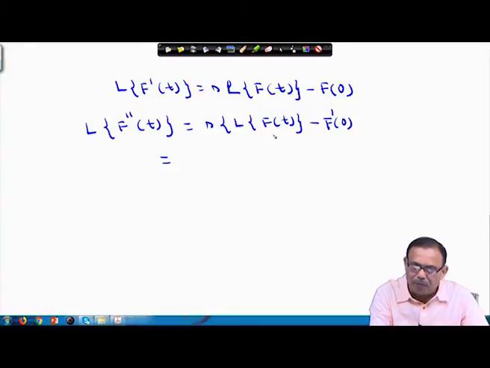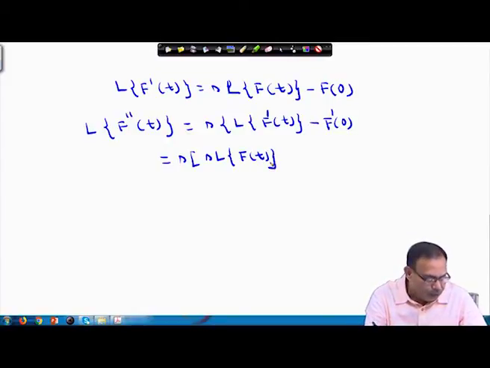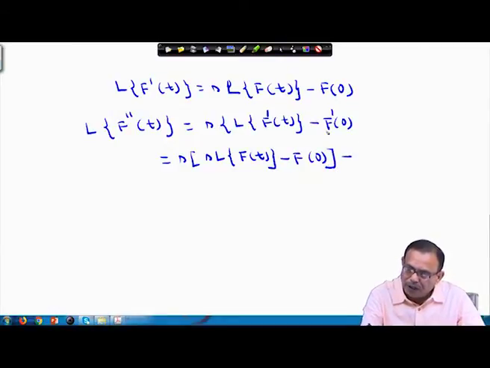Again Laplace transform of f dash t is known to us, because f t is replaced by f dash t. So, now I know the Laplace transform of f dash t from here, that is s into Laplace transform of f t minus f 0, and minus this f dash 0 will come over here.